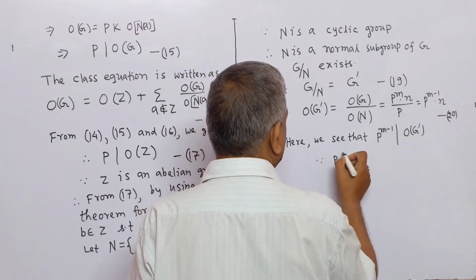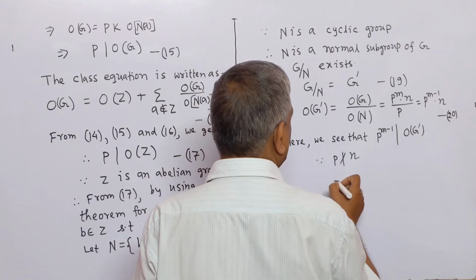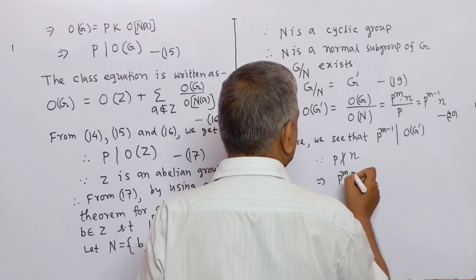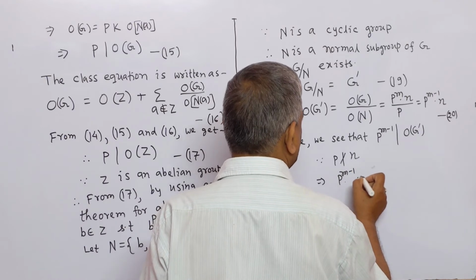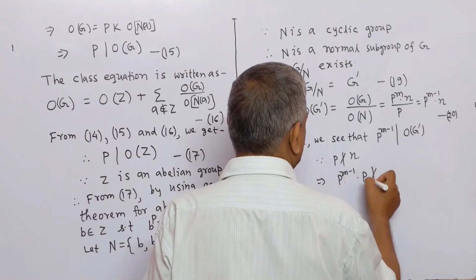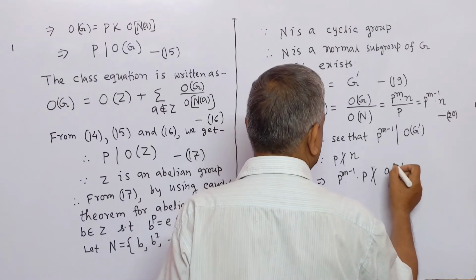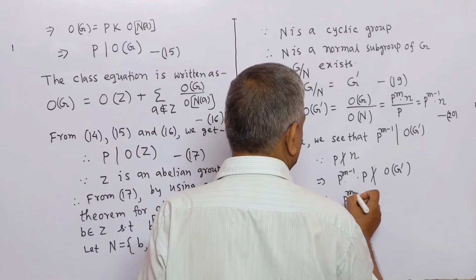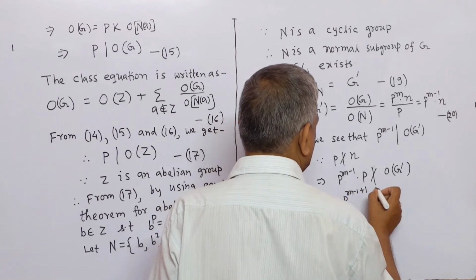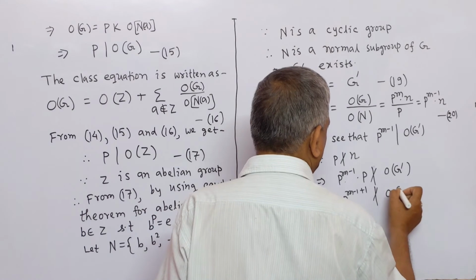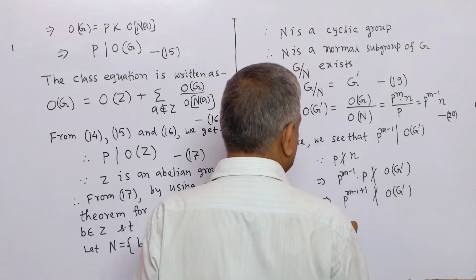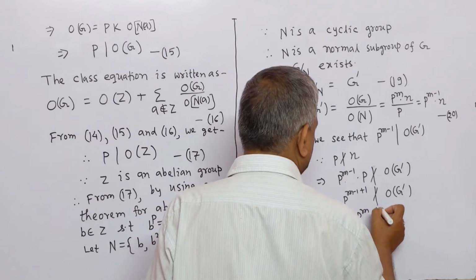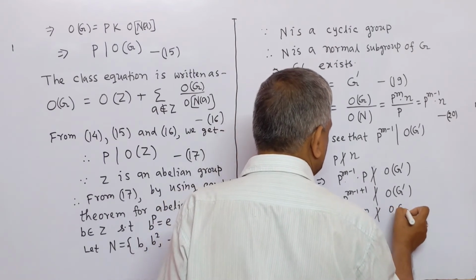Since P does not divide n, this implies that P to the power M minus 1 multiplied by P does not divide order of G prime, which implies that P to the power M minus 1 plus 1 does not divide order of G prime, which implies that P to the power M does not divide order of G prime.